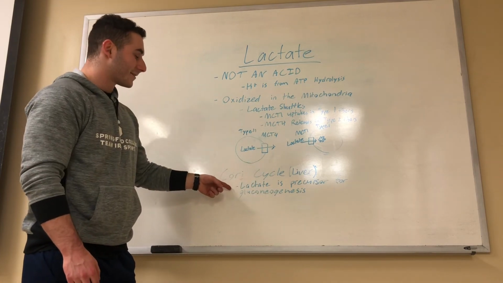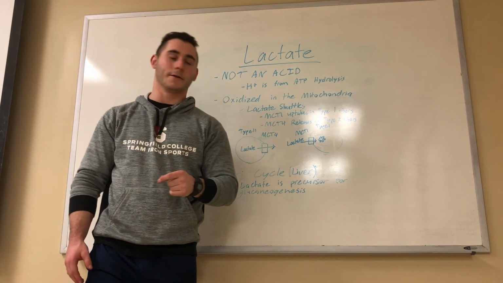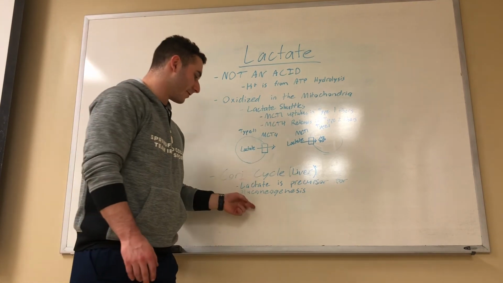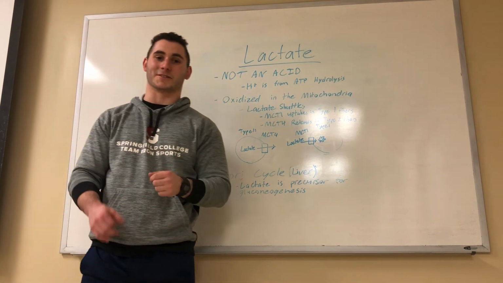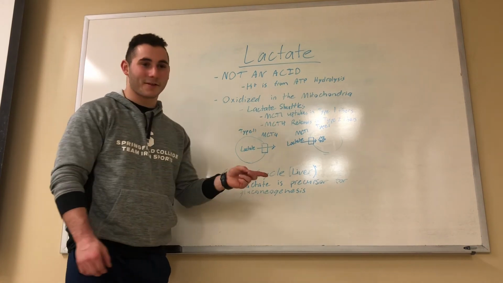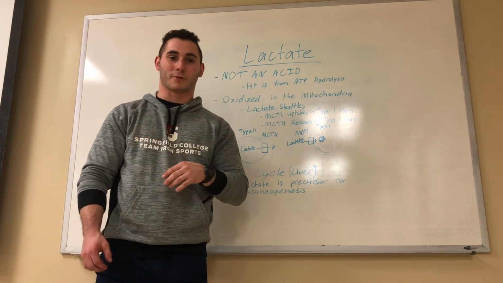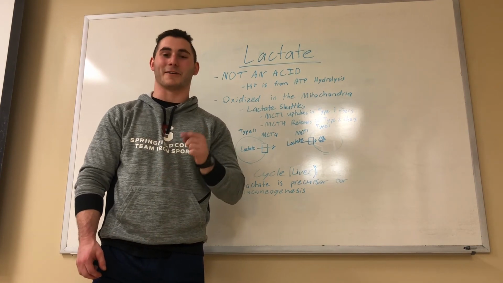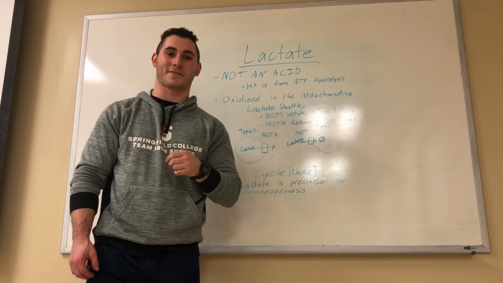By using lactate, as it moves around the body in the blood, it can end up at the liver, where it's then used to make new glucose so that you can use it again for energy production. It's pretty sweet. This is better because the other option for gluconeogenesis is your amino acids, so your muscles' proteins, and that is not great for energy production because you're going to lose muscle mass that way.